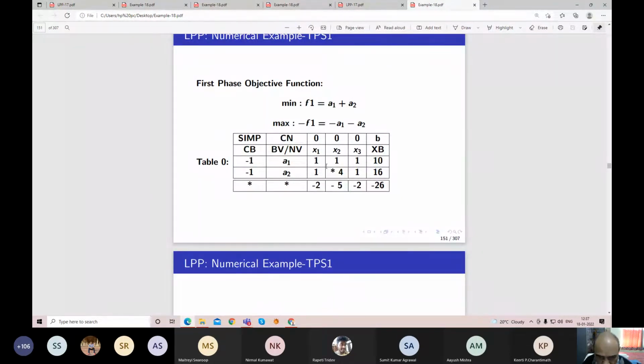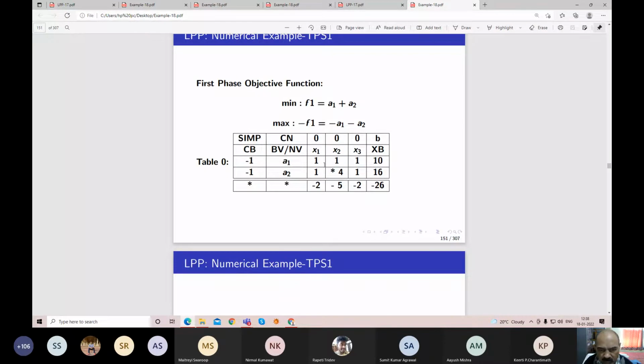So in the next table, the places of x2 and A2 will interchange. x2 will come to the A2 place and A2 will come to the x2 place. If x2 is coming to the A2 place, what should be the coefficient here? Wherever there is -1, it will be 0.